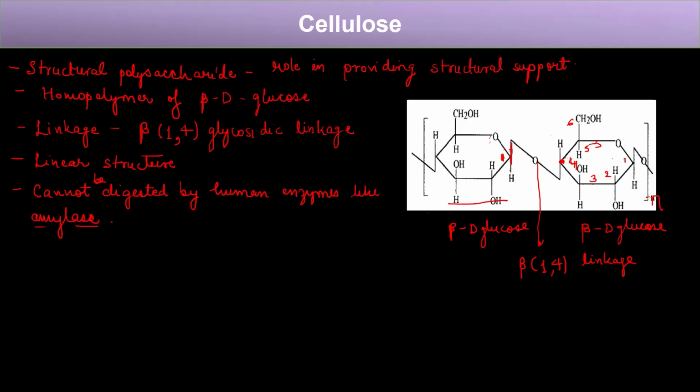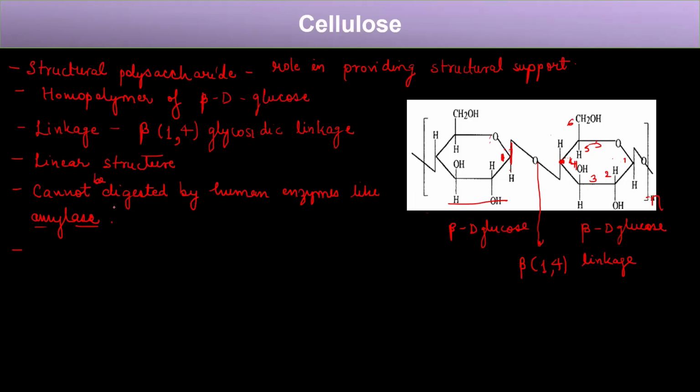Still, none of the human enzymes, including amylase, can digest cellulose. The glucose structure is almost similar, except that at one position the OH is located upward in beta D glucose, while in alpha D glucose, as in starch, the OH is located downward. So what makes this difference? The difference is because of the beta 1,4 glycosidic linkage.